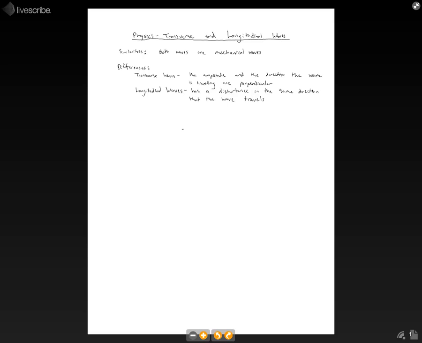And if we move to differences, if you look at transverse waves, usually the amplitude and the direction that the actual wave is traveling are perpendicular, so it means they're not in the same direction. So let me go ahead and try to draw a picture of something like that. So let's say you have a rope and you're making it basically kind of go up and down like this.